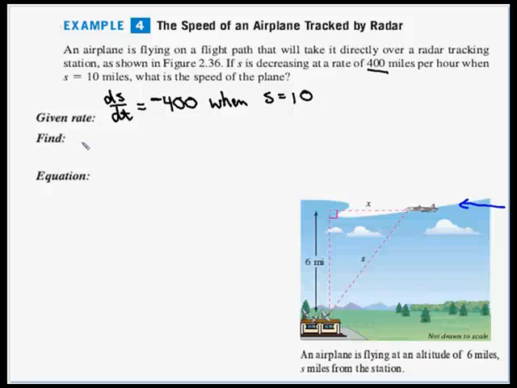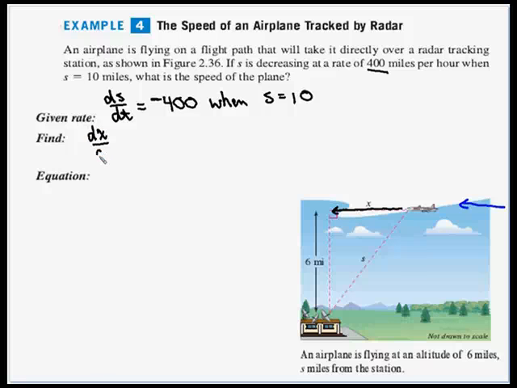So they're asking us to find what? What is the speed of the plane? If we look back to the picture, the flight path of the plane is along this side of the triangle. So we're using the x variable for the distance that it has traveled. And how do we measure speed? Well, that's going to be our dx/dt.